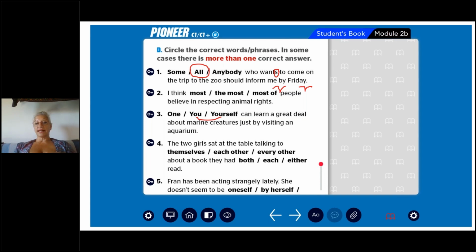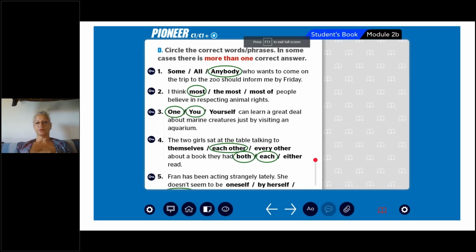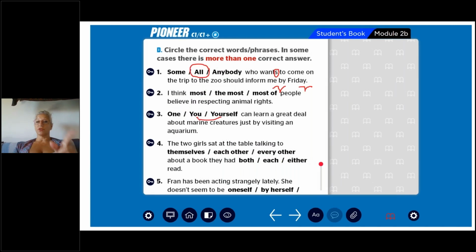And the same here with the last one. You, yourself. If we remember, here we say there's more than one opportunity. So the correct answer is one can learn a great deal, or you can learn a great deal. But someone chooses you and yourself.